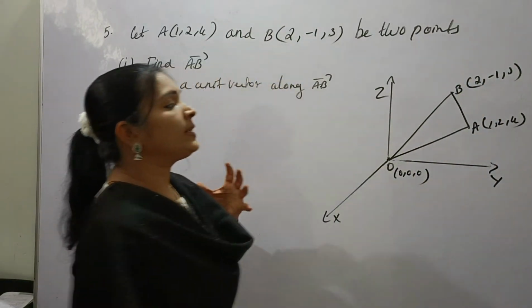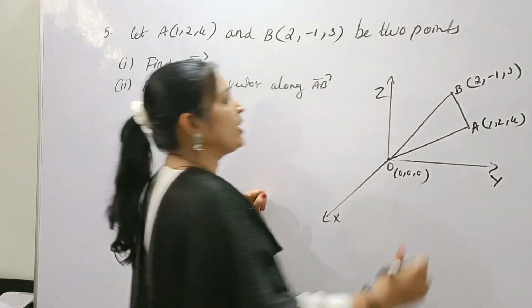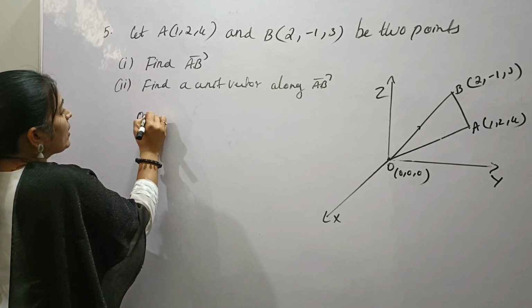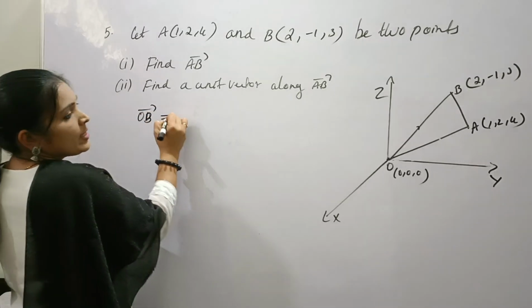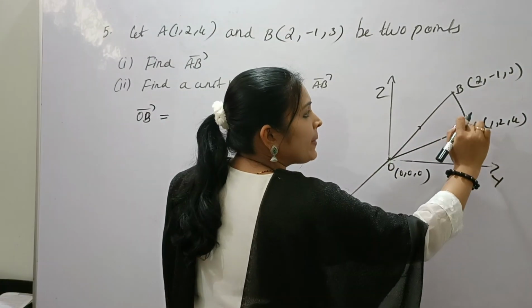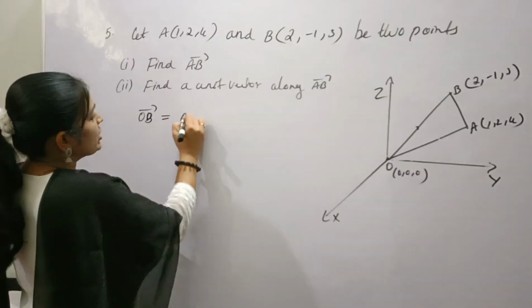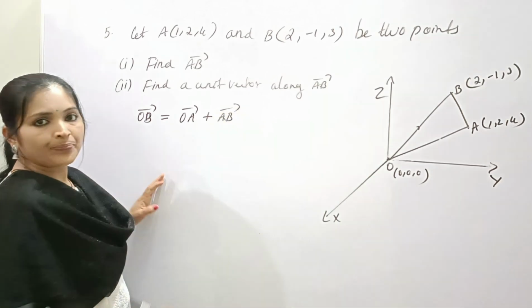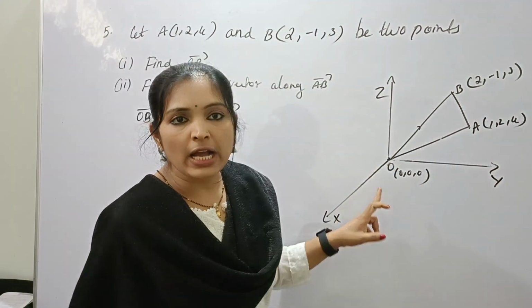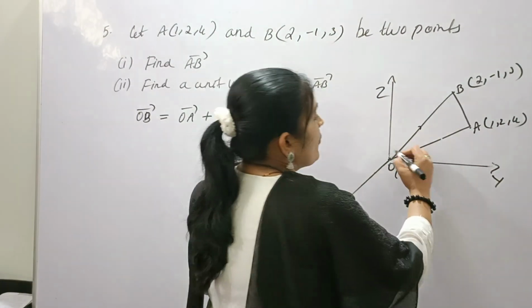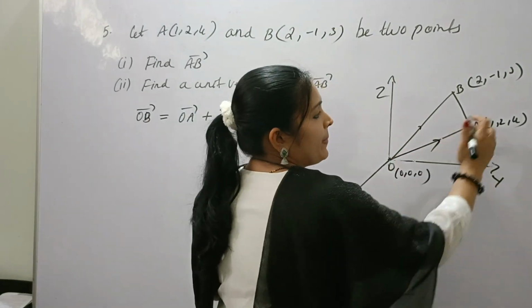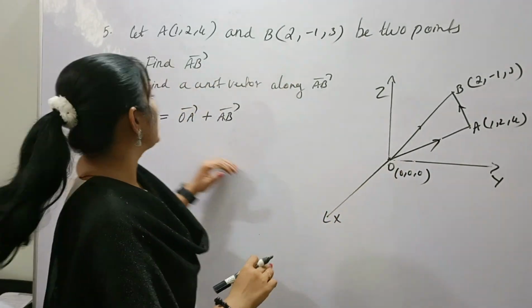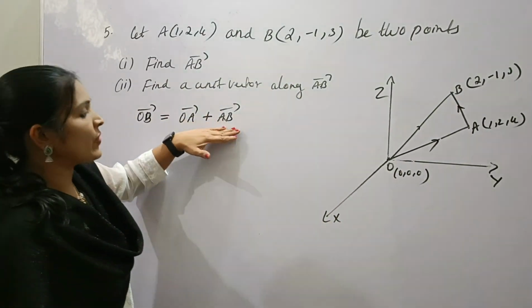By the triangle law of vector addition, we can write vector OB is equal to vector OA plus vector AB. That is, vector OA plus vector AB is equal to vector OB.